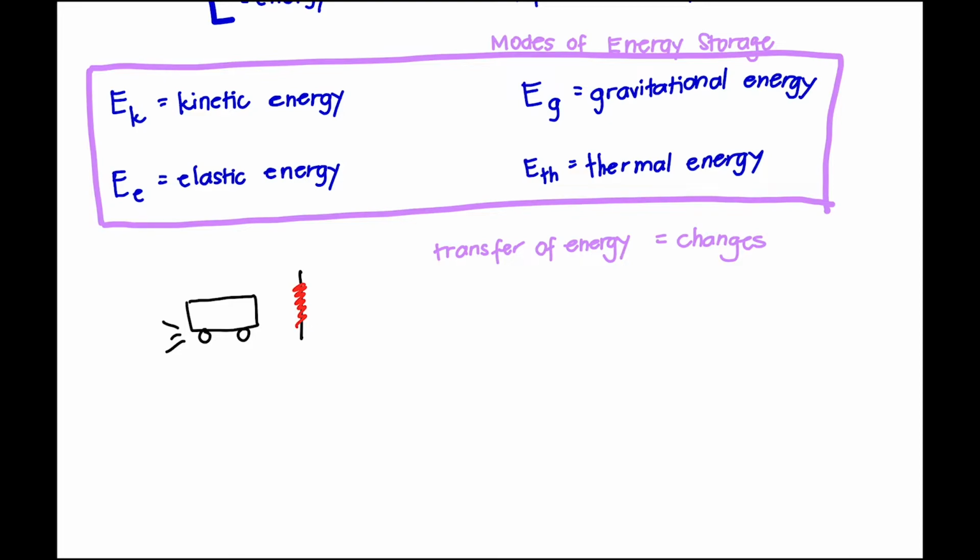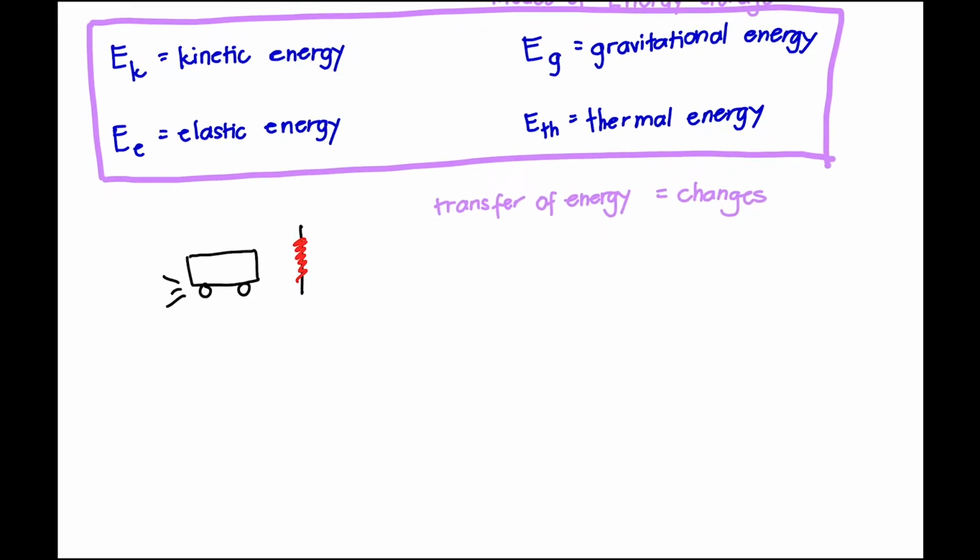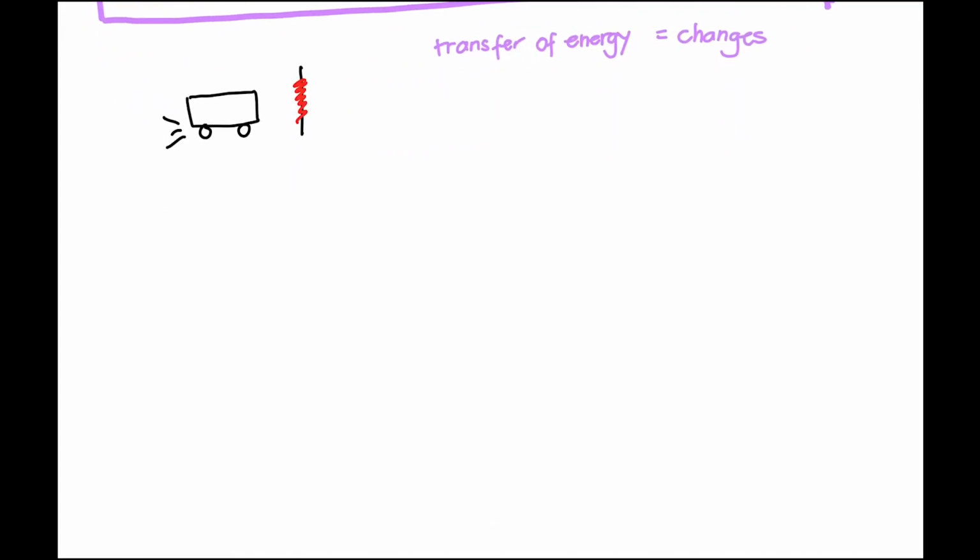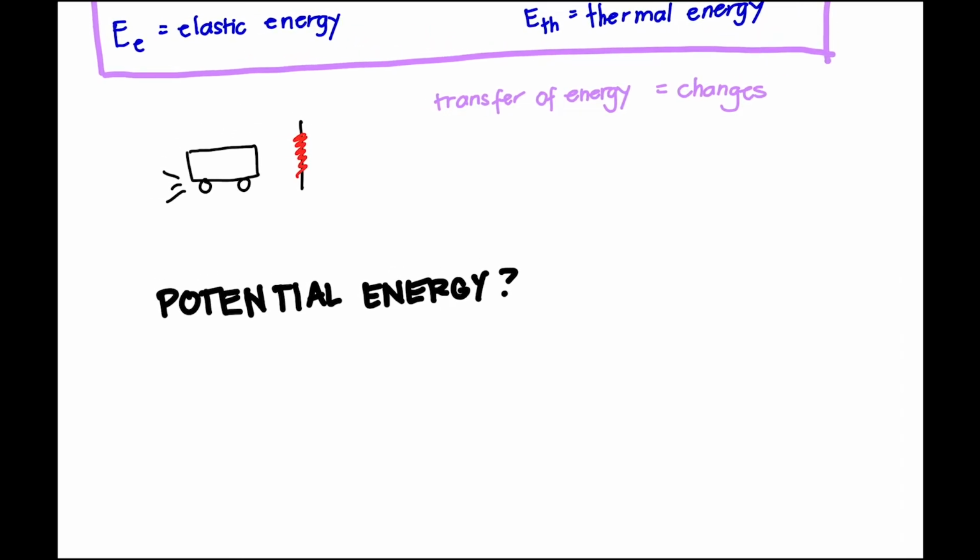I know a lot of people in class were asking, what about potential energy? We won't really call anything potential energy because all the different energies have the ability to become something else.